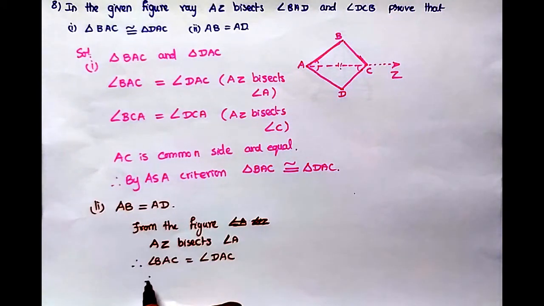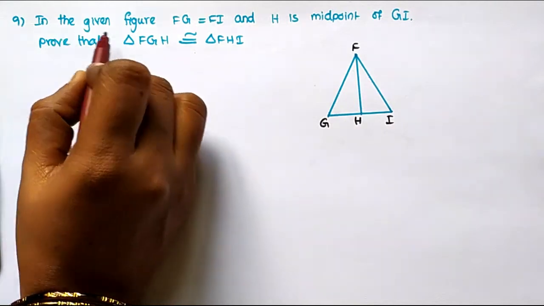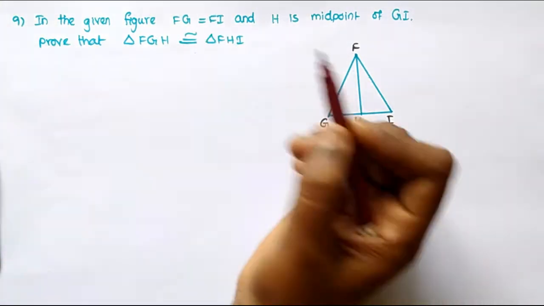So therefore BA equal to DA. That means AB equal to AD. That is the answer.